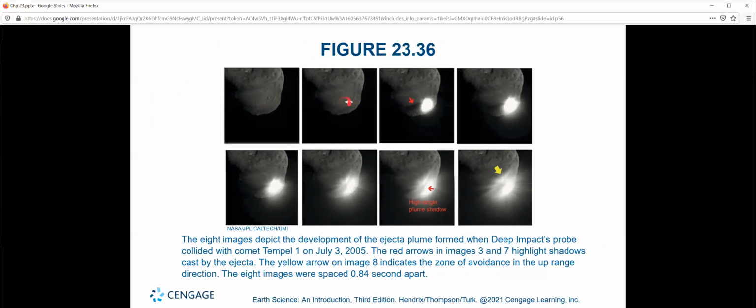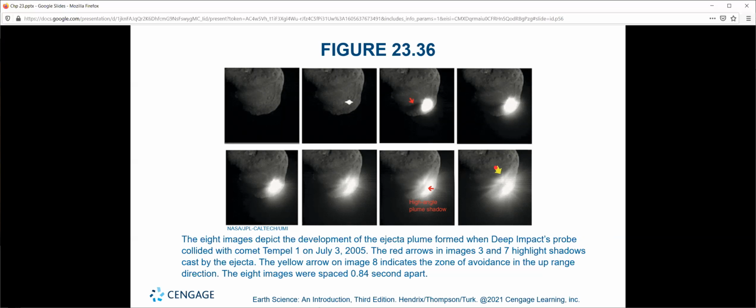In 2005, we literally shot a satellite at a flying-by comet and made little poofs. And this yellow arrow on image A indicates the zone of avoidance in the upper range direction. These eight images were taken within a second as the satellite popped into the comet.